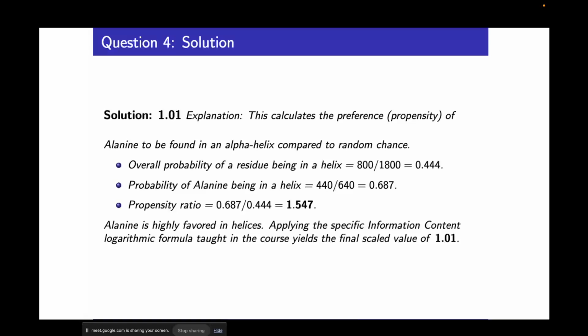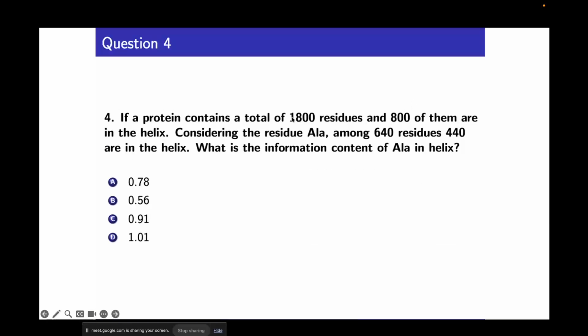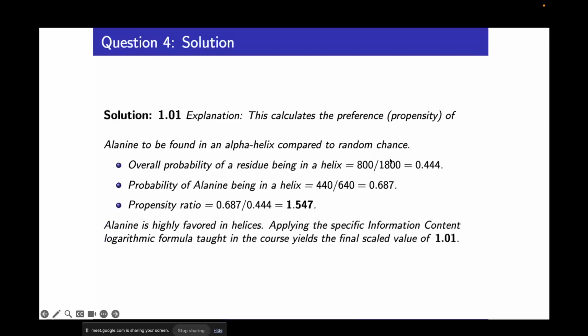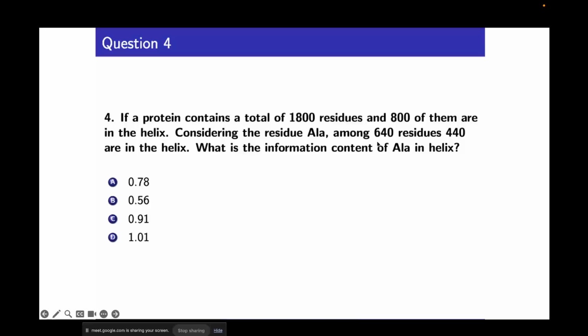So this is basically the Chou-Fasman method, right? So you're calculating the propensity ratios. Basically, what is the overall probability of the residue being in a helix, which is given as 800 out of 1800, so that will be 0.44, and the probability of alanine being in a helix is 440 out of 640, right?